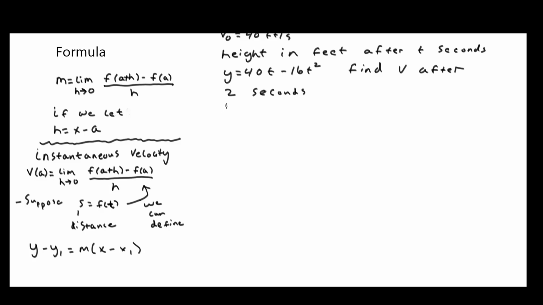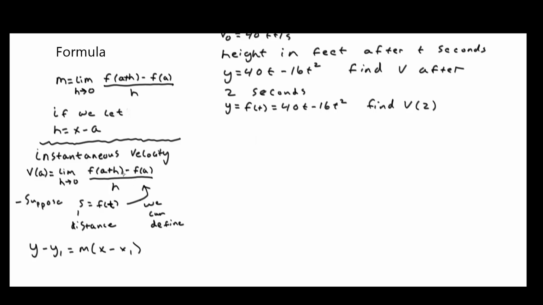So let's kind of rewrite everything. So we have y is equal to our function of time, and that's equal to 40t minus 16t squared. And we want to find v, and our a value is going to be 2. So same thing.